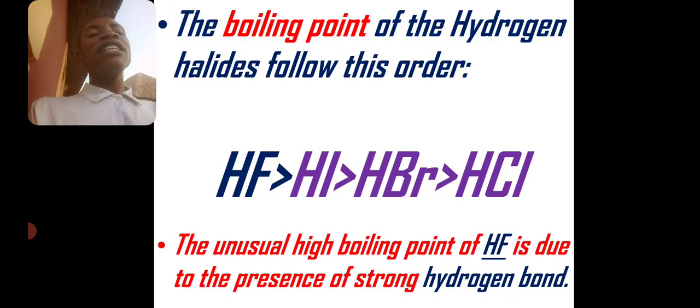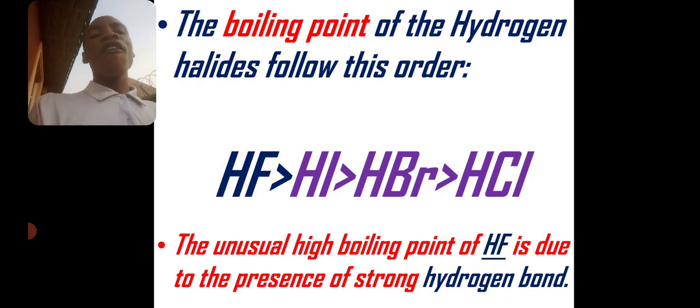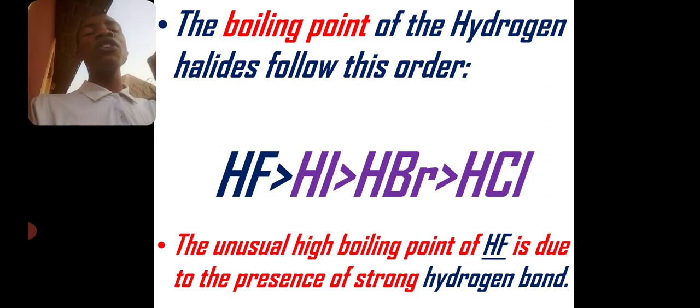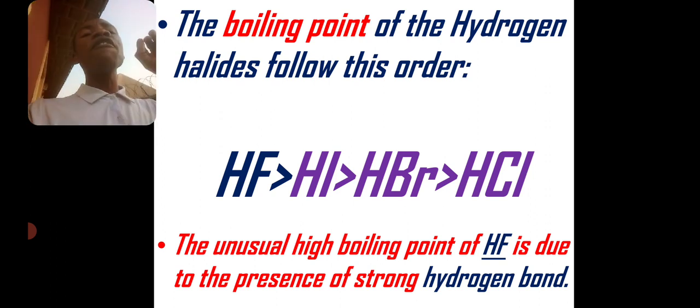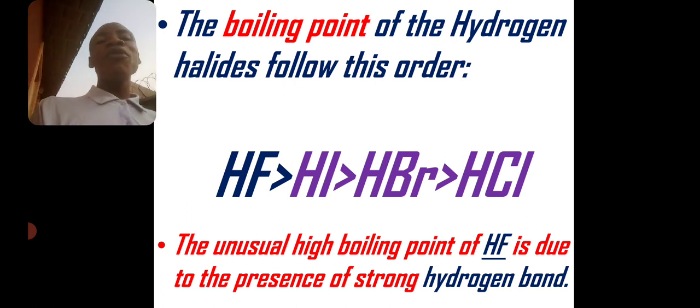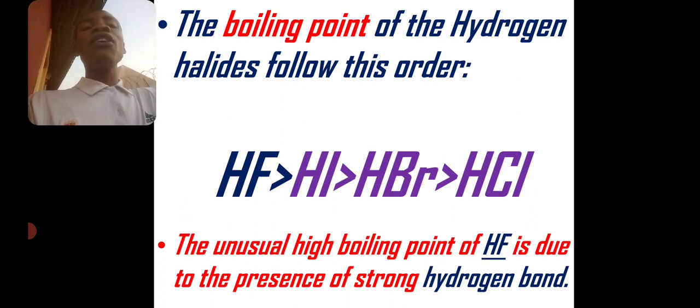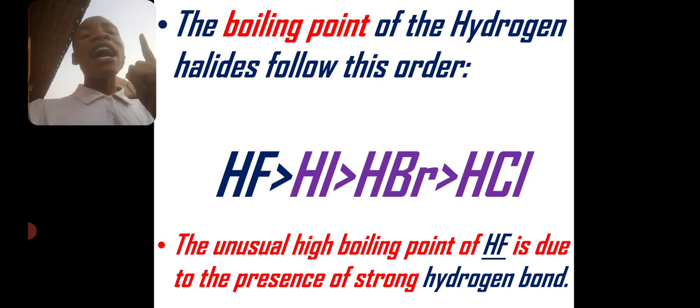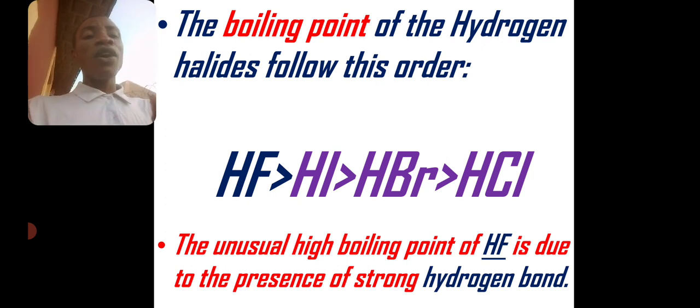All right, the boiling point of hydrogen halides follows this order: hydrogen fluoride comes first, next to hydrogen iodide, to hydrogen bromide, to hydrogen chloride. Ordinarily, hydrogen fluoride should have come last because the molecular mass of hydrogen fluoride is the lowest, which means the boiling point should also be lowest, since boiling point has to do with the molecular mass, which determines the strength of the van der Waals force.